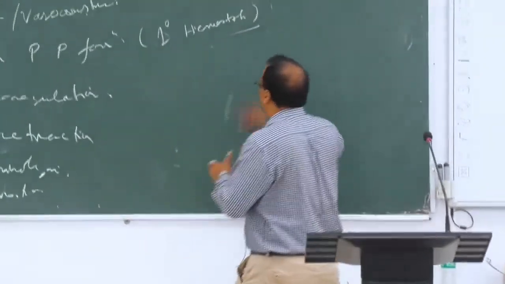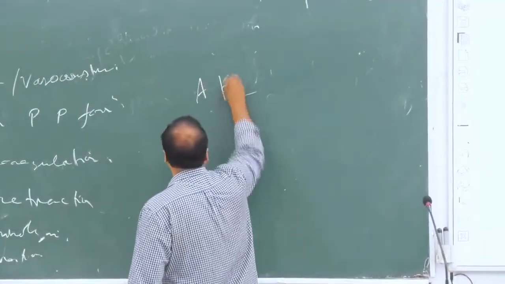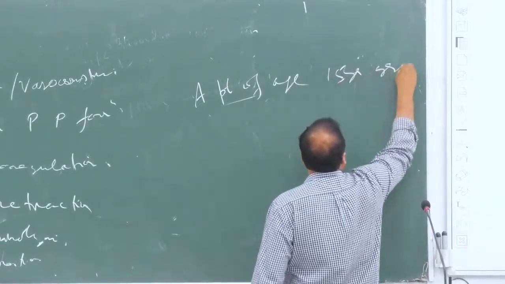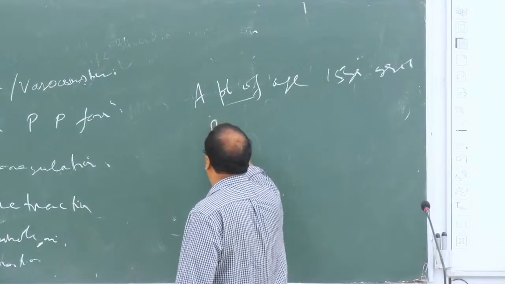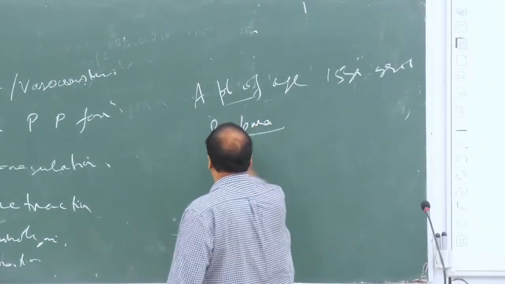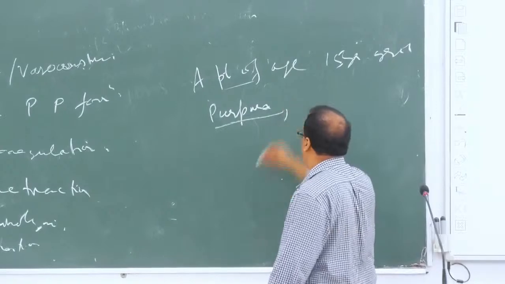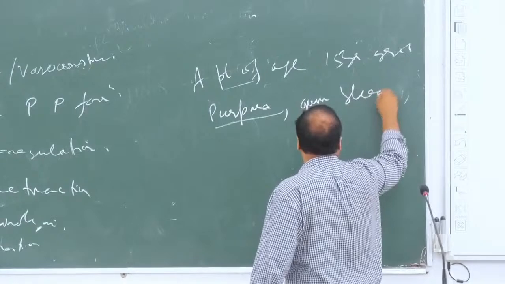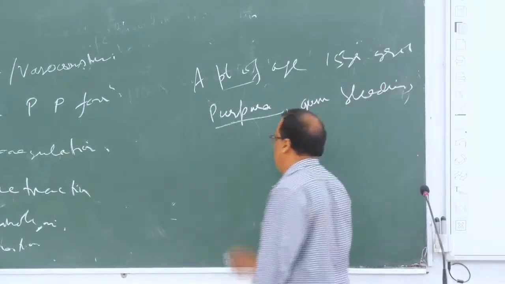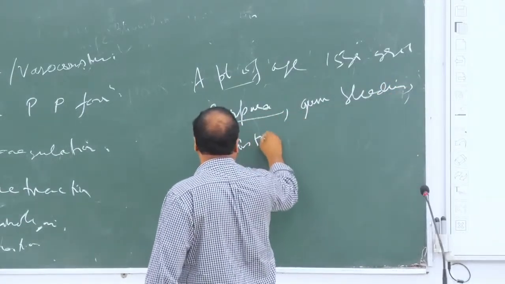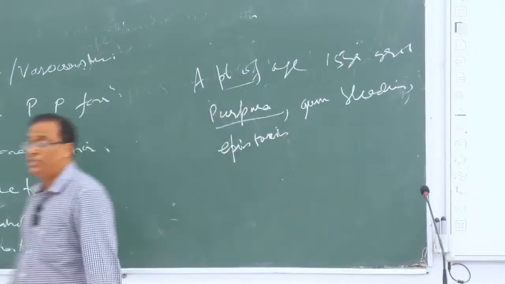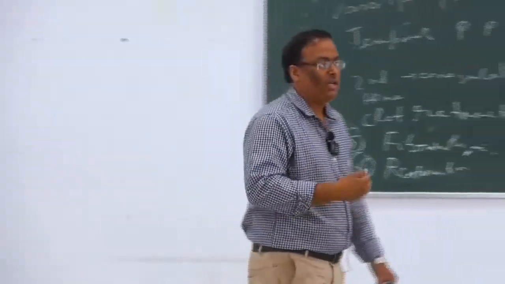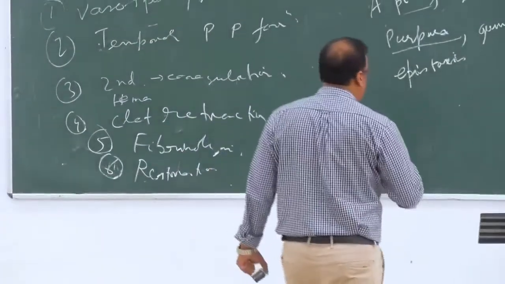Suppose the purpura, petechial rash, purpura, nasal bleeding, hemoptysis, vomiting blood. These are the terms you will know day to day.